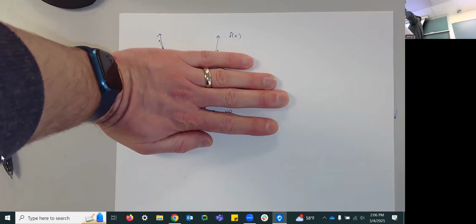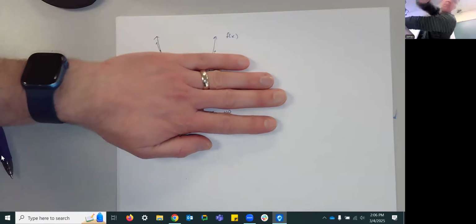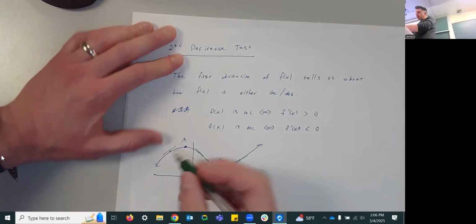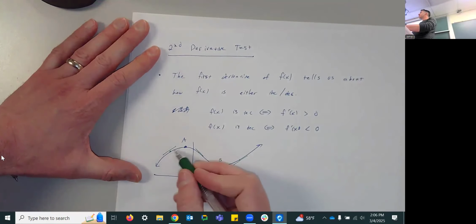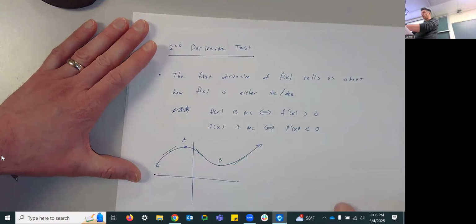What's true about this derivative? If a function's increasing, what's true about its derivative? Greater than 0. Positive. Exactly.